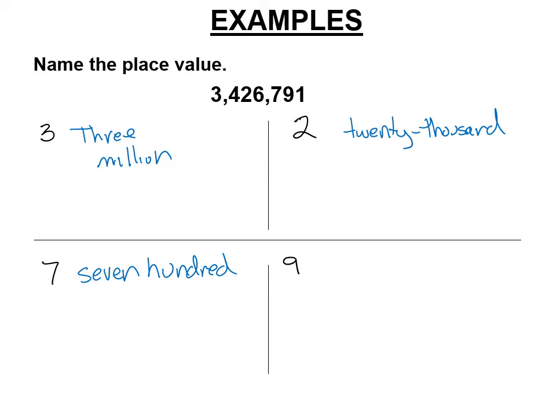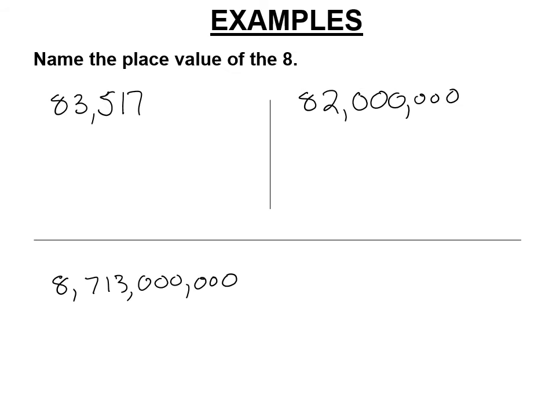And the 9 is worth 90. Right? Let's try to say that word. The words for that number. So that's 3,426,791. Right? These are all the thousands in there, and then we have the 3 million. 3,426,791.